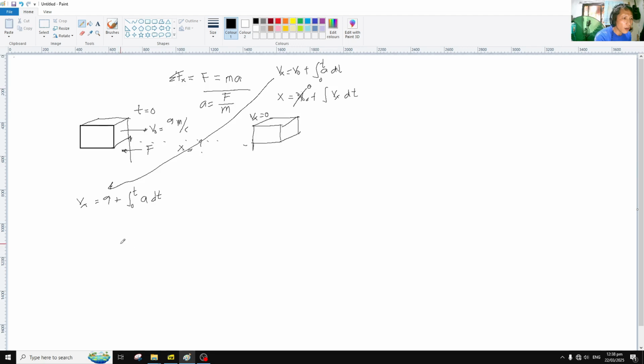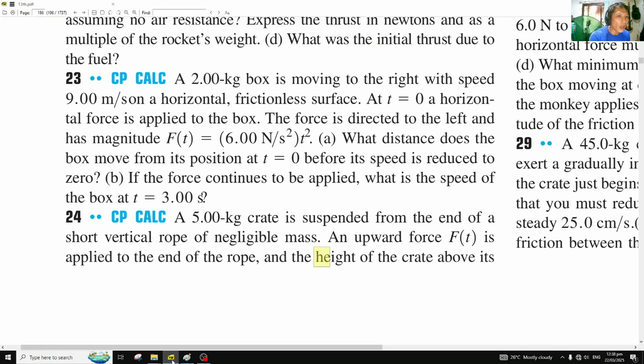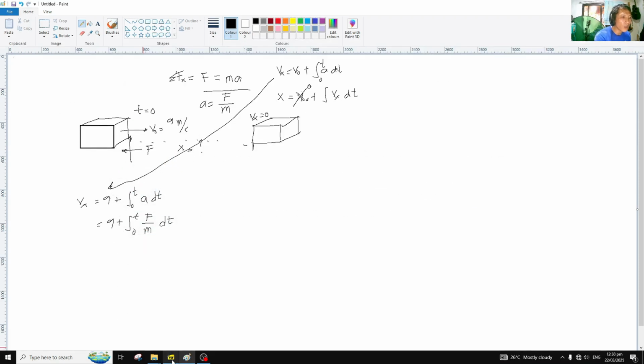Okay, so we can do 9 plus, we can substitute your acceleration here, integral from 0 to t, you have your F all over m dt. And your F is given as a function of t, which is 6t squared. So let's just put first the 6, but we know that we have a unit for that. Let's just put the units after.